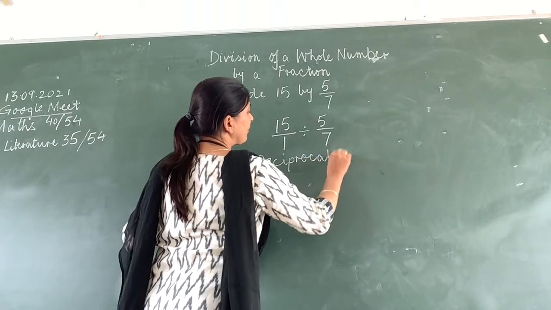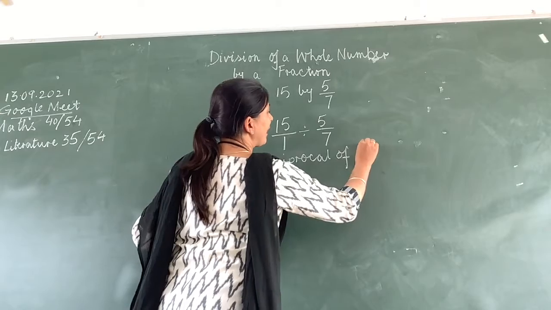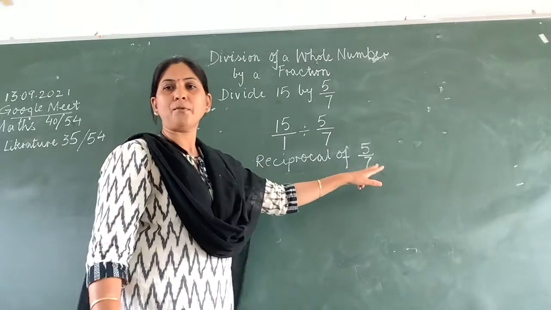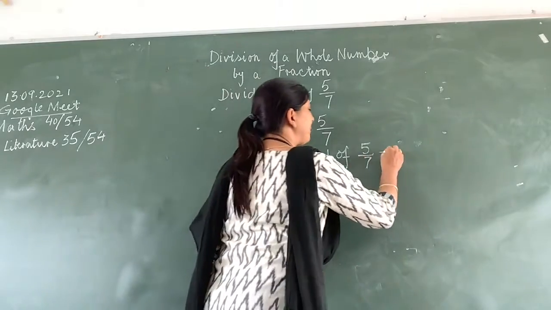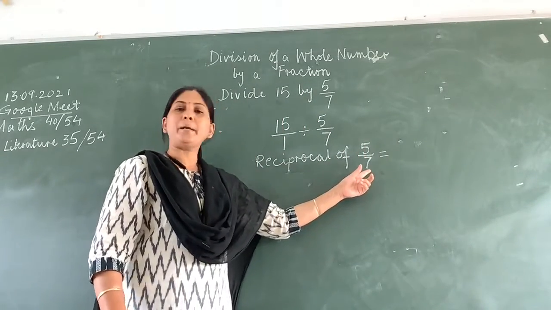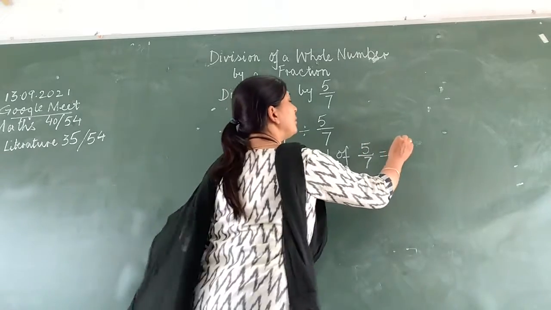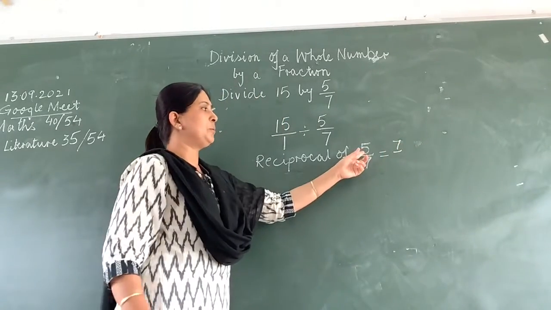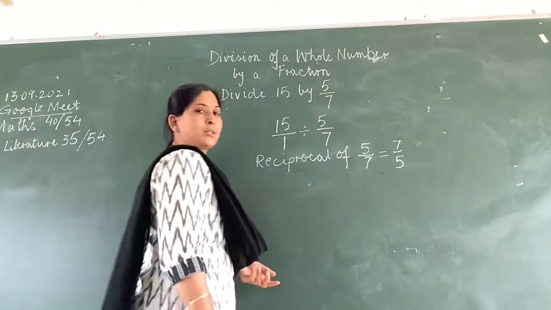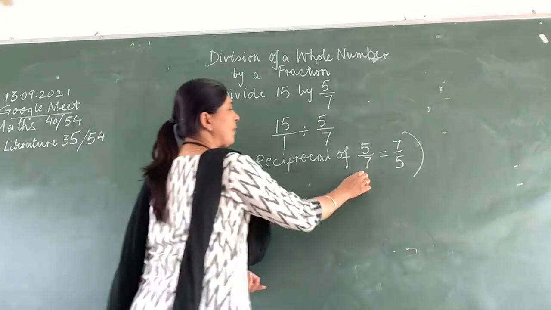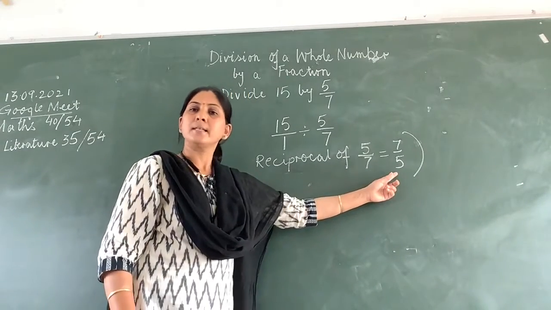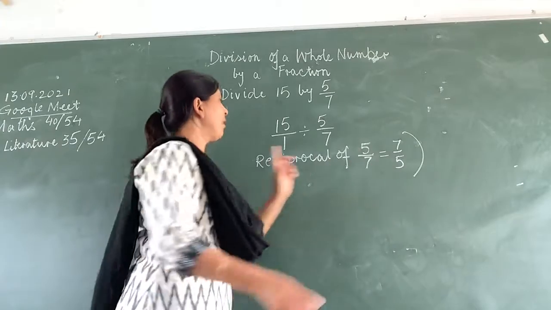When we write the reciprocal, the denominator becomes the numerator and the numerator becomes the denominator. So the reciprocal of 5 over 7 is 7 over 5.